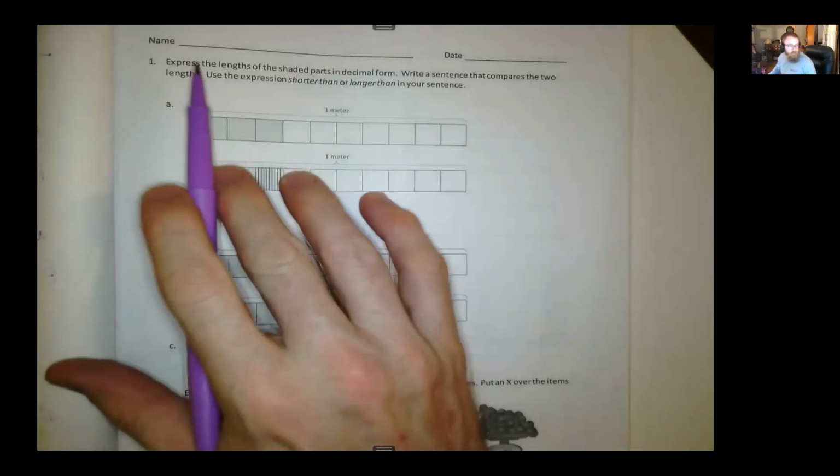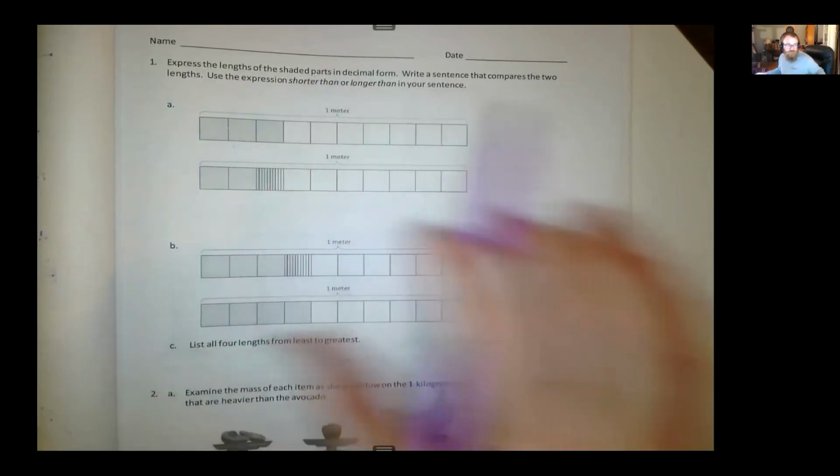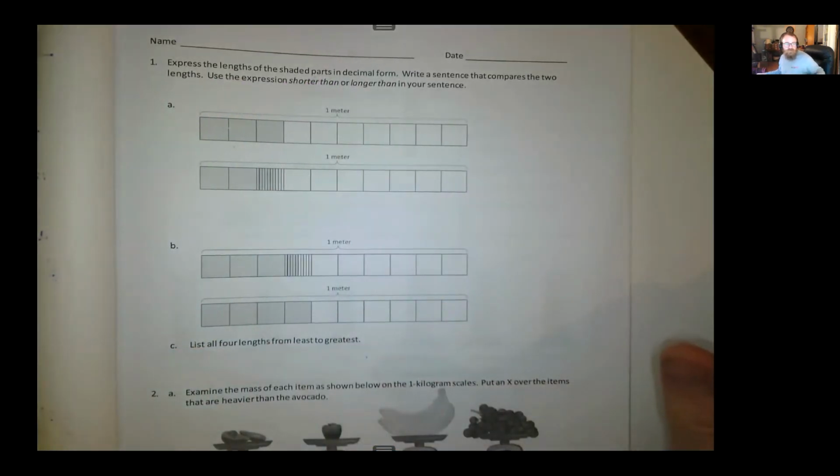Okay, let's take a look at the problem set on page 67. Let's start with number 1. We want to express the lengths of the shaded parts in decimal form. Write a sentence that compares the two lengths.